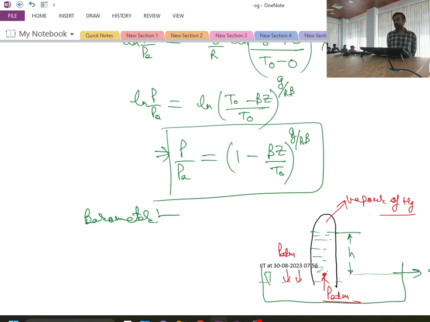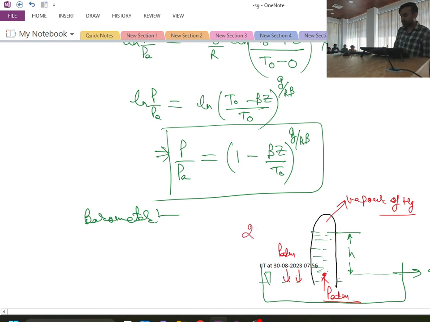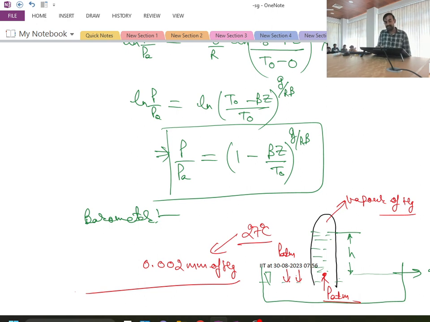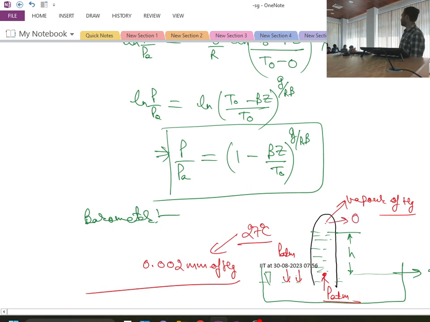At normal atmospheric conditions, like 27 degrees Celsius, the vapor pressure of mercury is 0.002 millimeters of mercury. So the vapor pressure of mercury is actually negligible, and I can assume it to be 0.